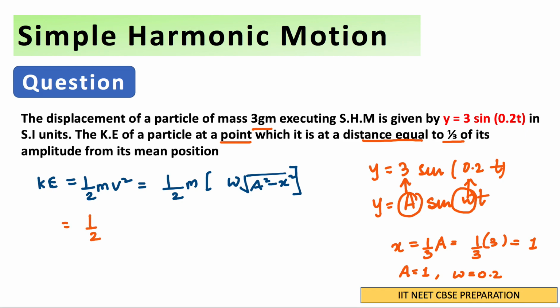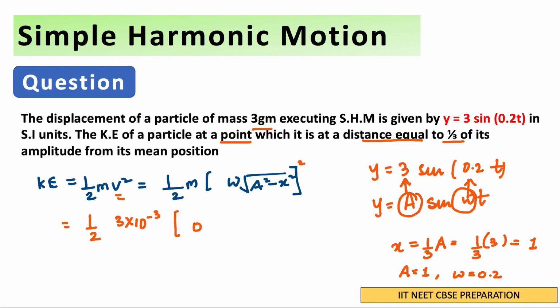So we will have half, and 3 grams is 3 into 10 to the power minus 3 kg. And then we have omega. Oh, half mv square, so this is square. I forgot to write this, don't forget this. This is half mv square.